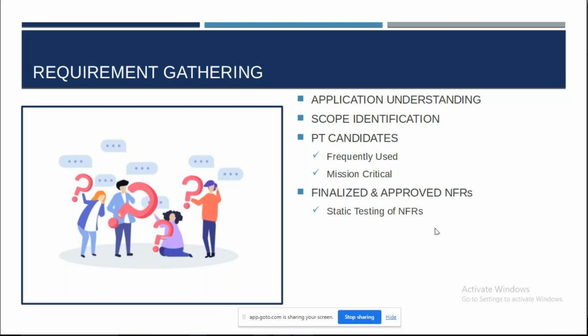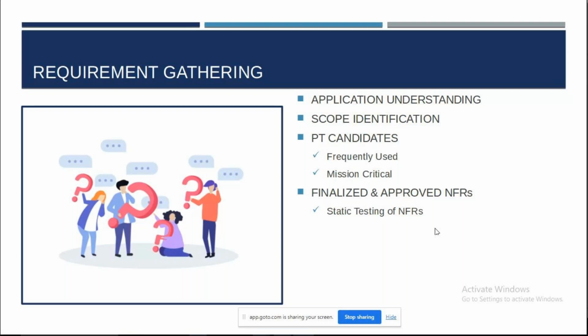Okay, so once you get NFRs, that will not be the finalized version, guys. The NFRs which you will get in the beginning will not be the finalized version, because whatever you have got, you have to verify whether they are complete or not. So for that, you will do the static testing of NFRs. Now I am introducing one new term known as static testing.